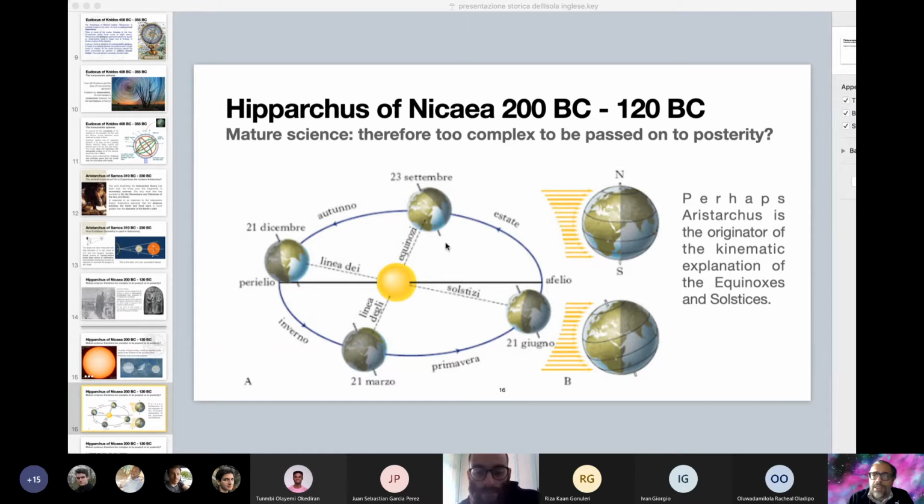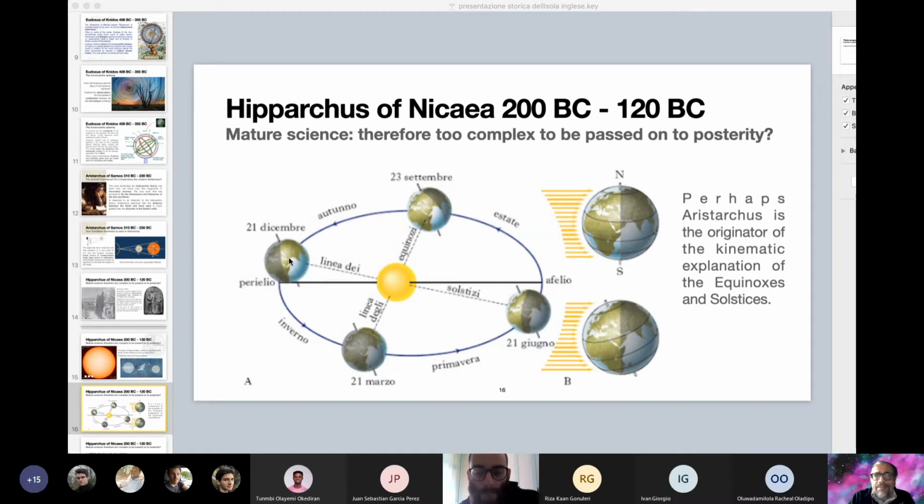Then the Earth is turning around its axis, but the axis is not orthogonal to the ecliptic plane. So what you have is that on the 21st of December, the Earth is oriented in this way with respect to the light rays of the sun.